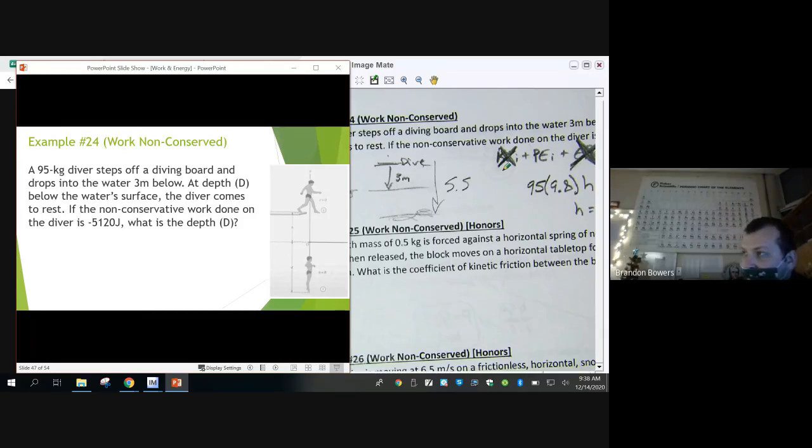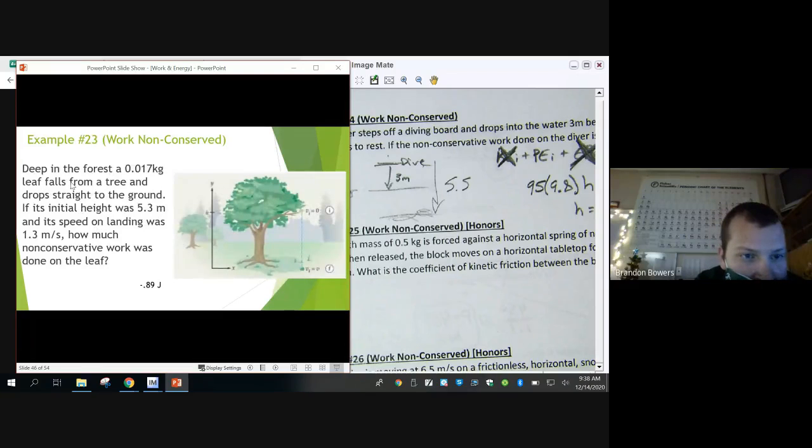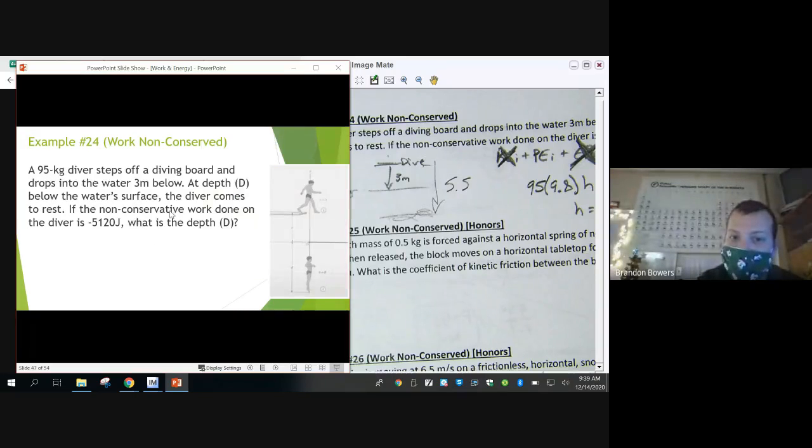On the last question, the object falls straight to the ground and we're calculating the velocity right before it lands, so there is final kinetic energy. On the diver one, he comes to a stop. Does that kind of make sense?